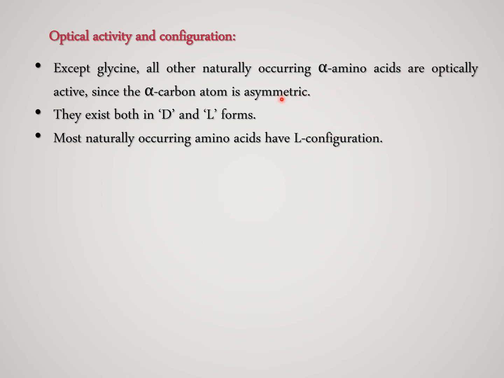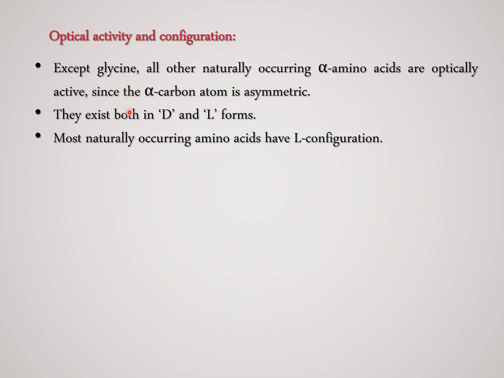It is active because it has the alpha carbon atom, which is asymmetric. Therefore, they are all optically active compounds. The molecule of glycine is the only one where there are two hydrogen atoms attached to the alpha carbon. Hence, it is not optically active.